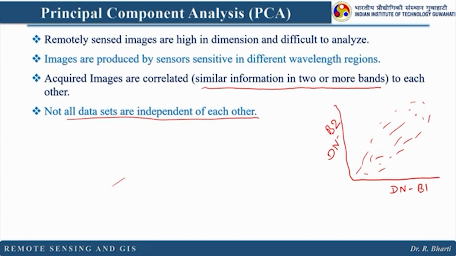So if you have green and red information, or let us assume that in SWIR vegetation, we targeted vegetation in the previous example, where vegetation has equal reflected energy in the infrared region. If your image is mostly covering the vegetation, what will happen? This correlation will be very, very good. So this is what I wanted to explain here. Not all data sets are independent of each other.